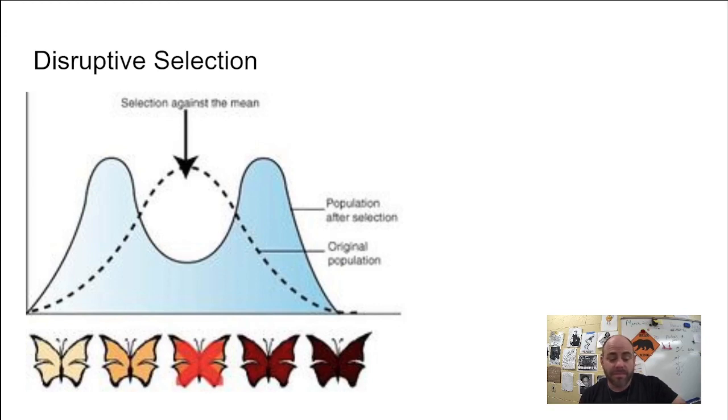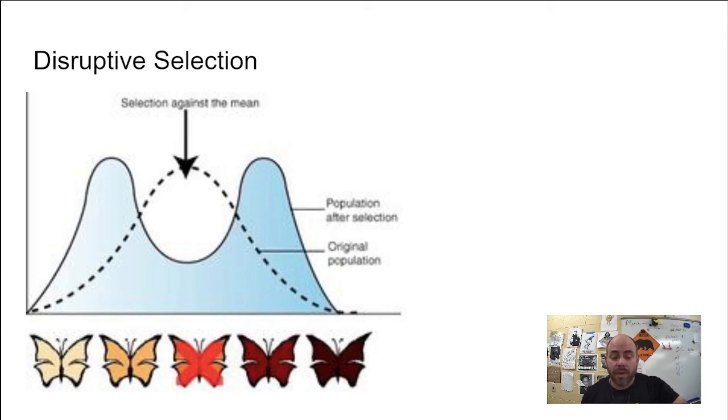So what would this look like? Well, in this particular case with these butterflies, you have 2 different butterfly phenotypes. You have the light-colored and the dark-colored. And in this particular case, the light and dark-colored mimic what we would call unpalatable butterflies, meaning the birds don't want to eat them because they don't taste good, right? They mimic the ones that don't taste good, and so birds won't eat them.